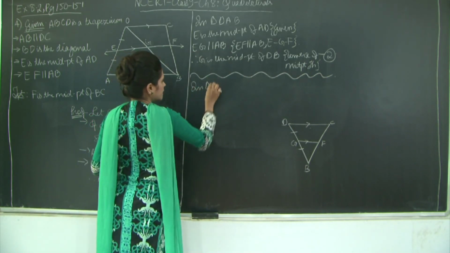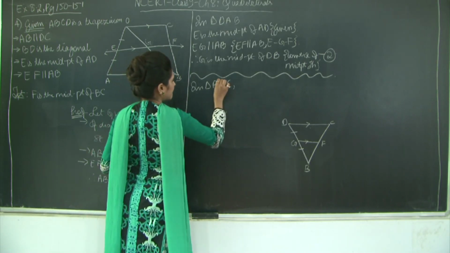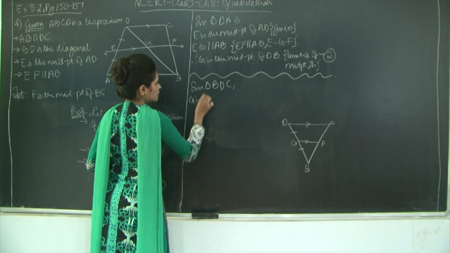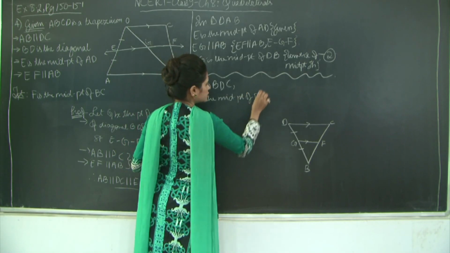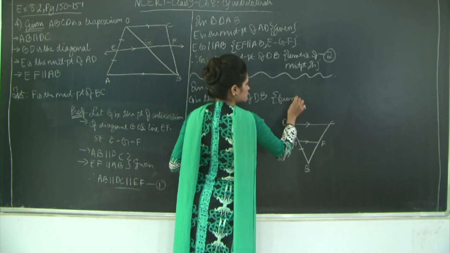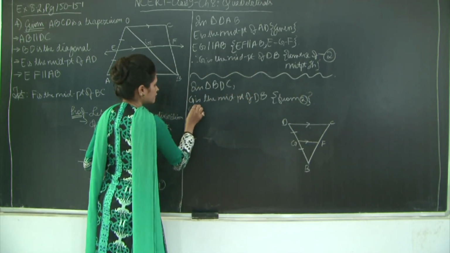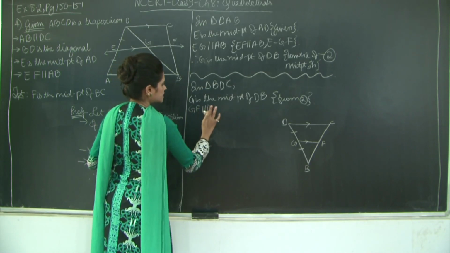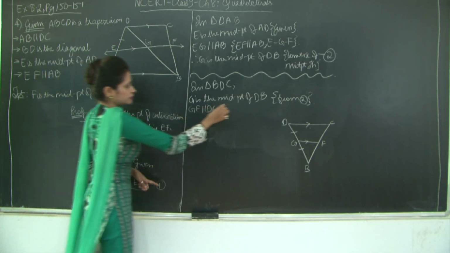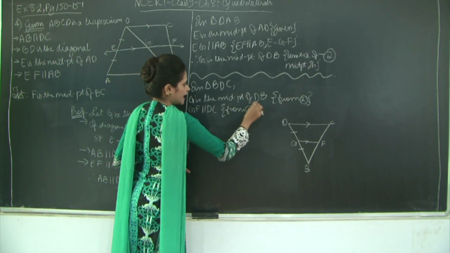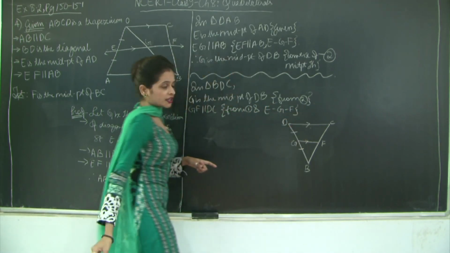In triangle BDC, I have G is the midpoint of DB, I'll say from 2. Okay, and GF is parallel to DC from 1, and also because G lies between E and F. Correct?